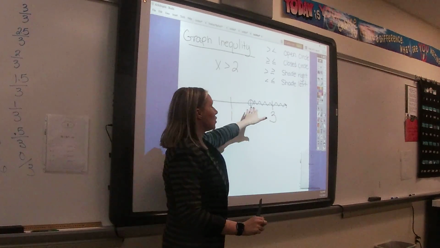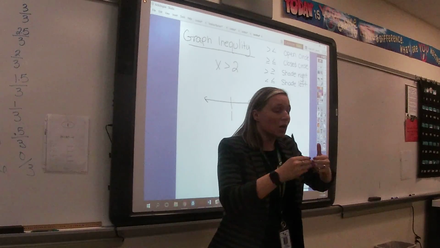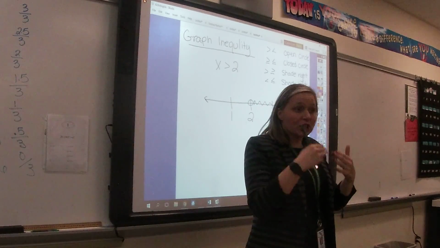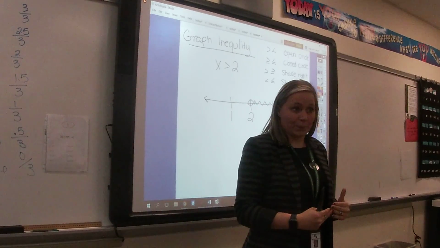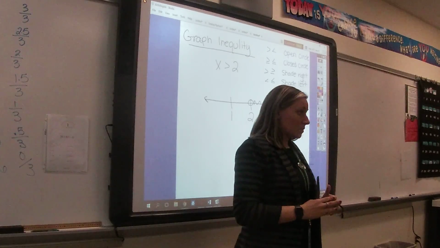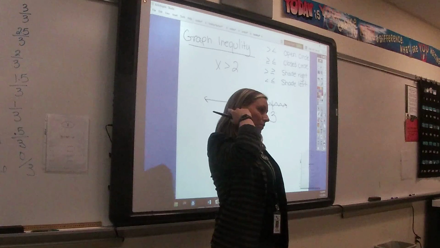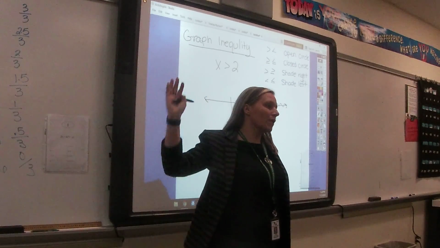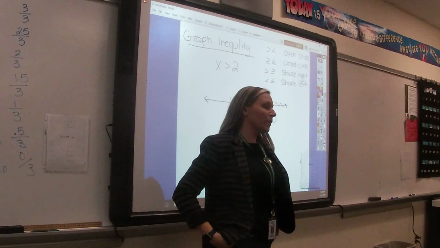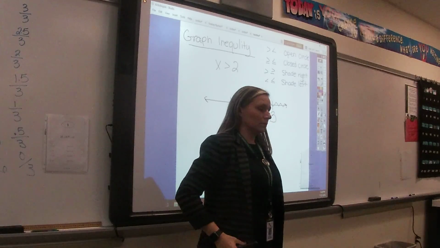So this open circle says that we can tiptoe up as close to 2 as we want. We just can't actually be 2. Wait, so I could be 2.0 and a bajillion zeros and then a 1, because that is bigger than 2. Okay?